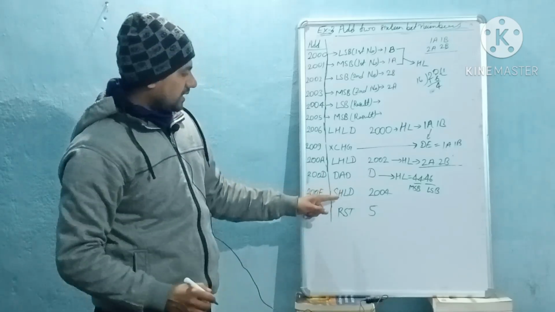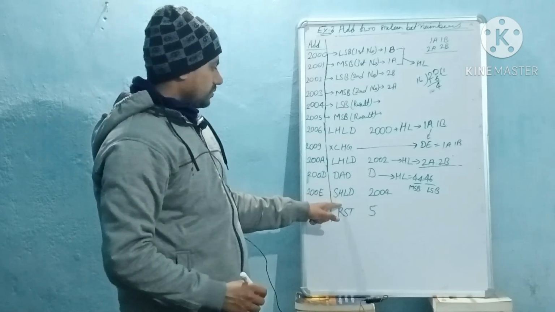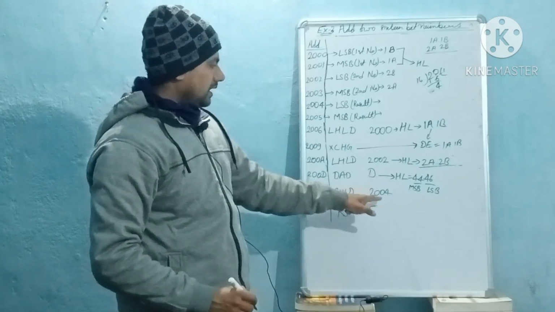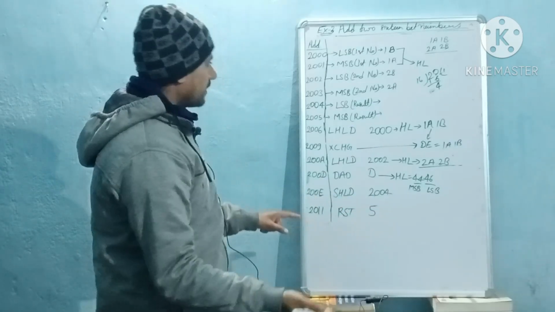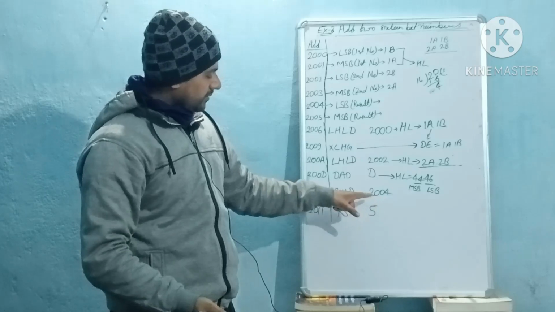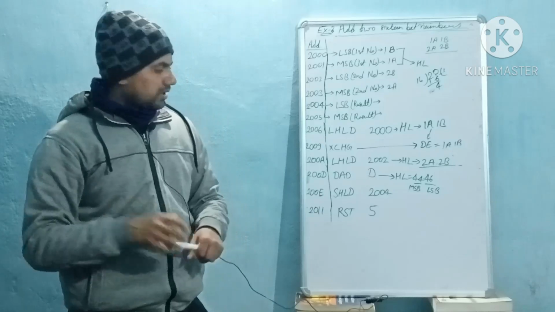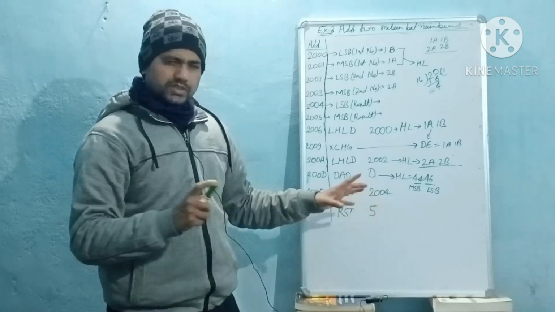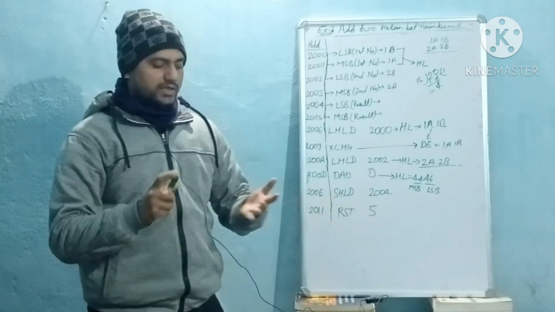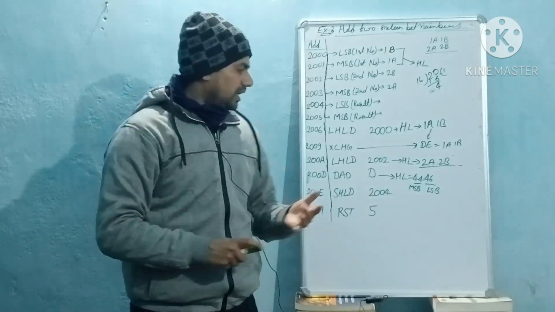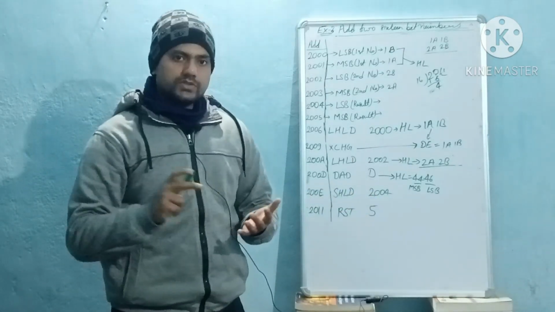Then the next instruction is SHLD 2004. This instruction stores the HL pair at memory addresses 2004 and 2005. So whatever we write, this instruction stores the number at two addresses. It takes two addresses. For example, if you write 2004, it will take 2004 and 2005, and if you write 2005, then it will take 2005 and 2006.